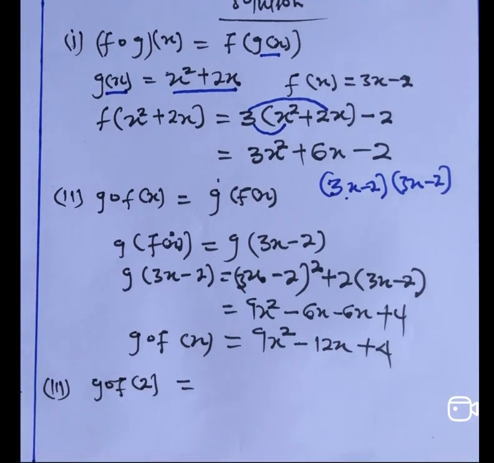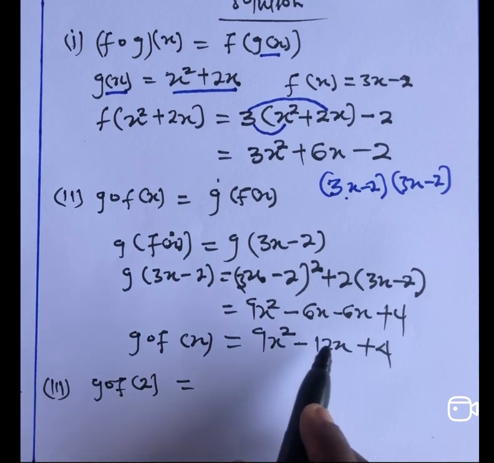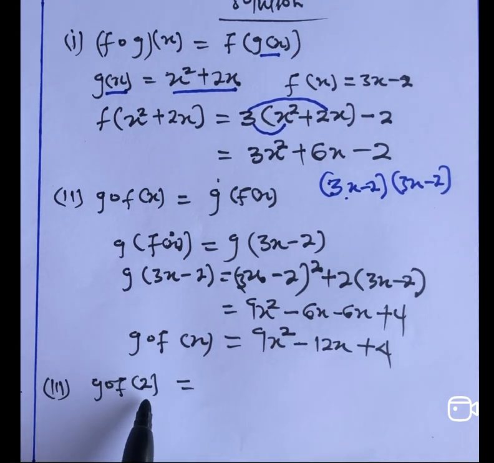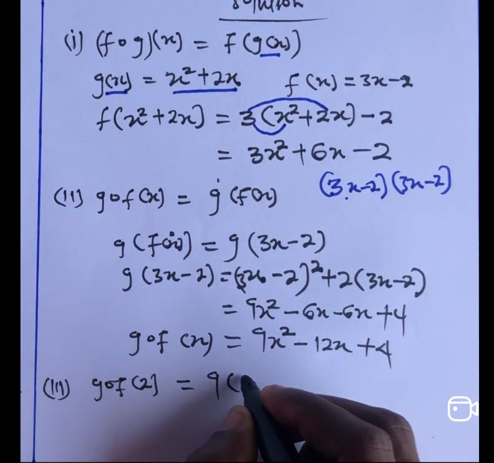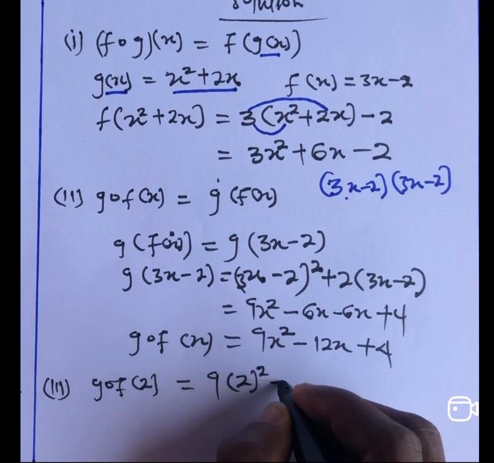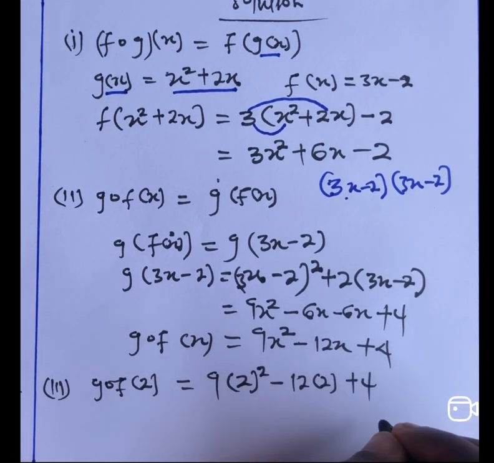And we are saying that this is the same as this, just that the x has been replaced by what? 2. So it means that wherever I see x in this function here, I'm going to replace it by what? 2. So I'm going to have 9 bracket open 2 squared minus 12 times 2 plus 4.